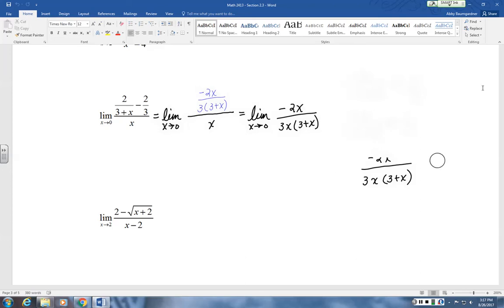I think most of you see what happens now. But again, if I were to try a direct substitution at this point, I would have 0 in the numerator, and I would get 3 times 0 times 3 in the denominator, and I'd still end up with 0 divided by 0. But I now see that this x and this x cancel each other. Remember that once you've done a cancellation, I'd like to see it rewritten.